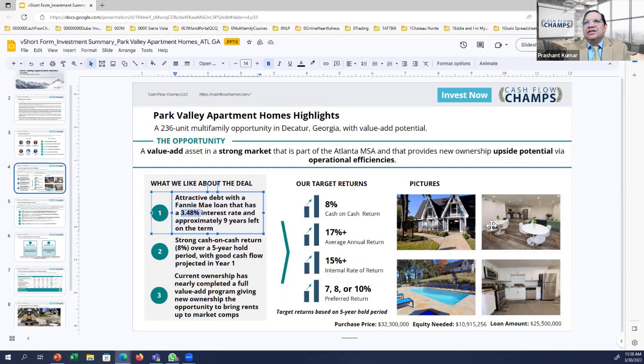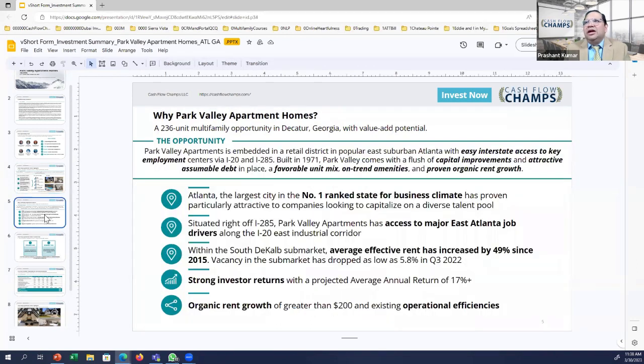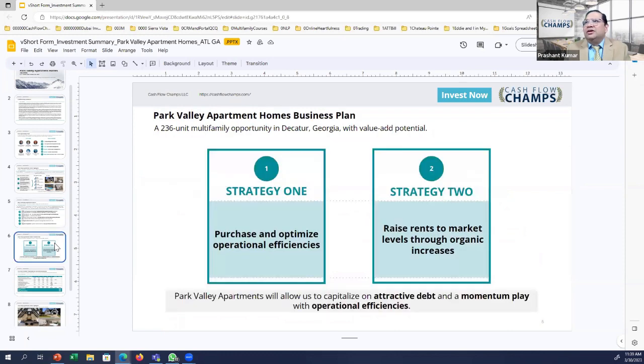So for us, it is a slam dunk deal. Anybody who wants to know more about it, you will get this webinar back, but I just want to take 1 minute to tell you that there are deals out there that we are working on. All it is for us is purchase and optimize operational efficiency, and our rents are about $200 below market.